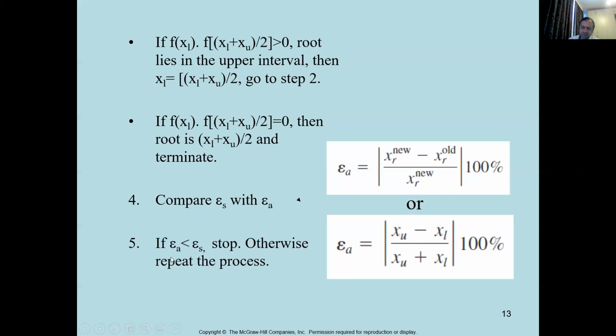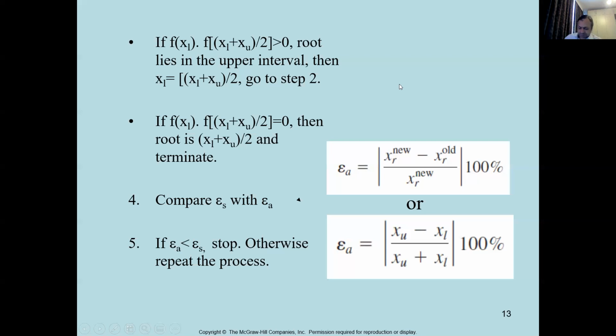This process will be repeated until the absolute percentage error is less than the percentage stopping error. And the stopping error, as I told, is determined from equation 3.7 of the textbook, page 61.